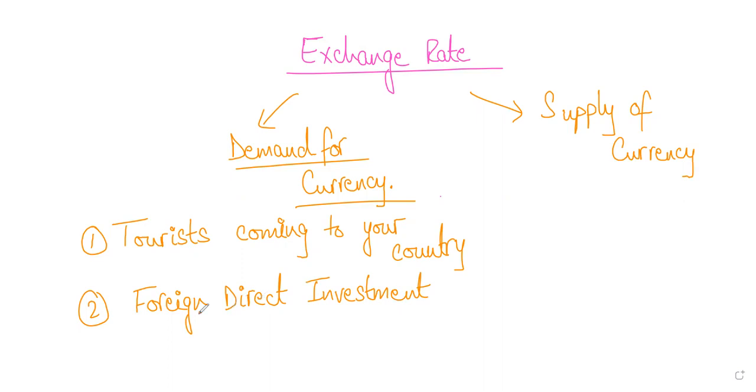So when foreign direct investment comes to your country, the demand for your currency will increase. What else? What about exports? When you export, the demand for your currency will increase, because those countries are buying your products, so they will pay you in your currency. How many of you are clear on this? This is making sense.